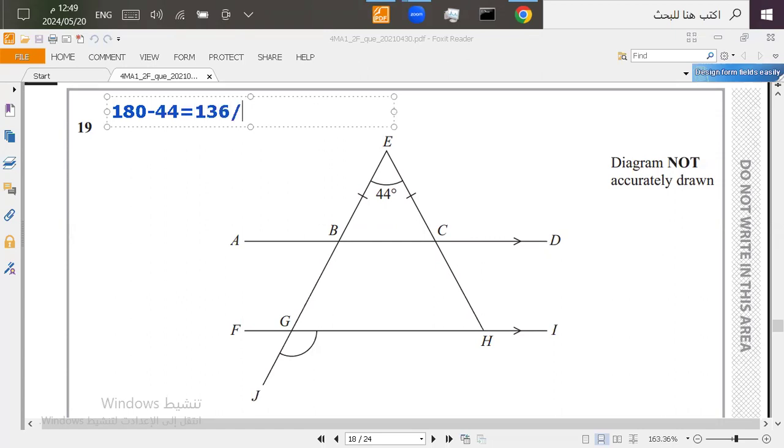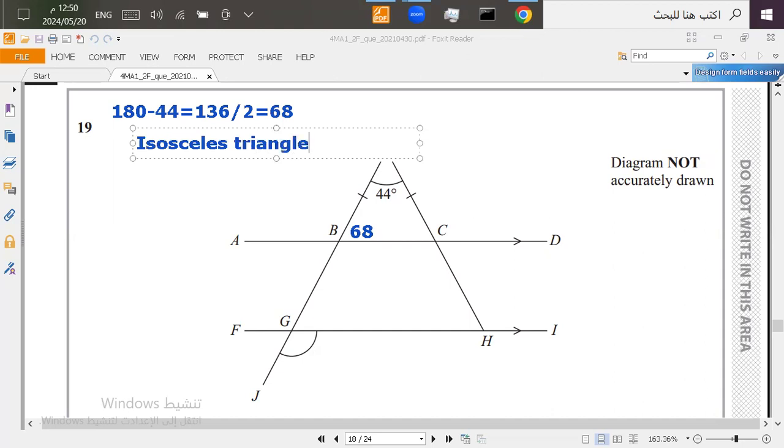And then dividing the 136 by 2, and the answer is 68. So these angles are 68 each. And what's the reason? As we said, because it's an isosceles triangle, you have to write the reason. Isosceles triangle, it means we subtract and divide by 2, so both of them are 68.